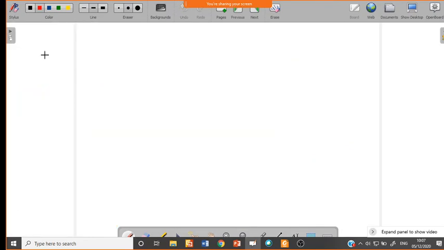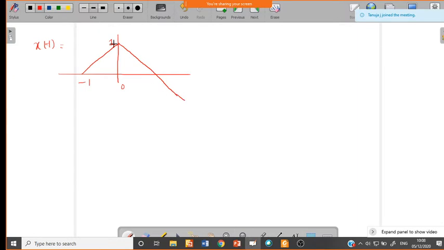So the problem is: x of t is given by the signal which varies as a ramp from minus 1 to 0, with amplitude 1, and another ramp varying from 1 down to 0, from 0 to 1.